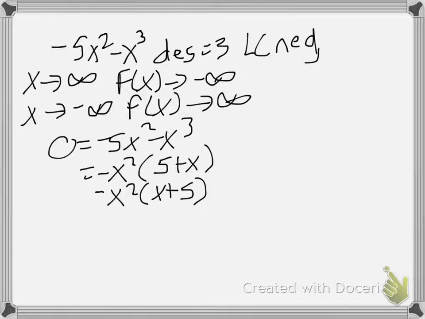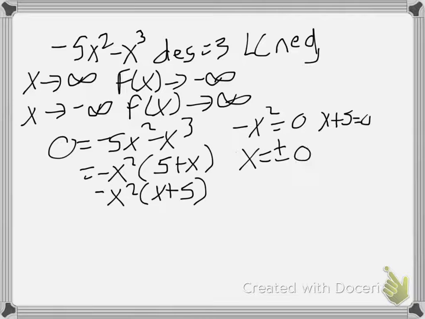So I now have -x squared equals 0, and I have x plus 5 equals 0. So I now have x equals plus or minus 0, taking the square root of both sides, and remember, whenever you take the square root, you have both positive and negative roots, and I have x equals -5.